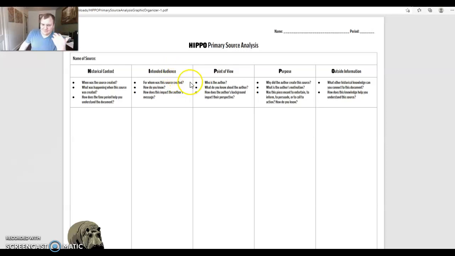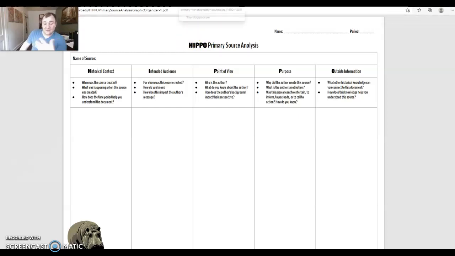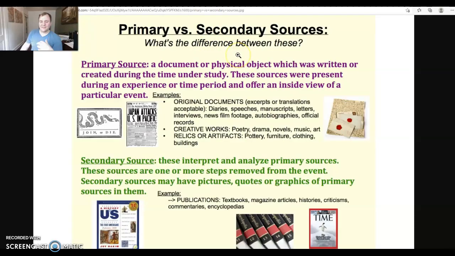All right. But first off, before we go into that, let's do a quick refresher on what a primary source even is, just in case you don't remember. A primary source is essentially a document or object that was created at the time that you are studying.